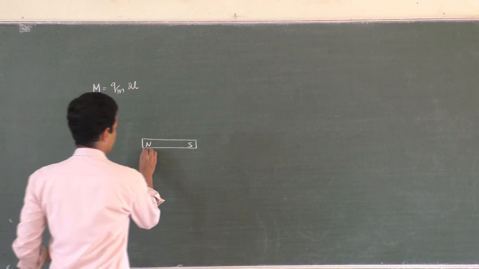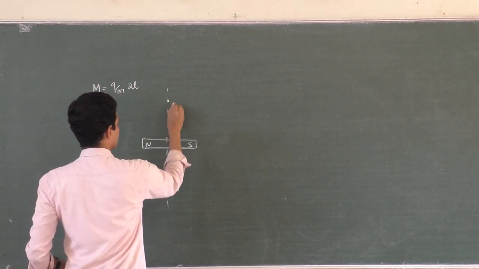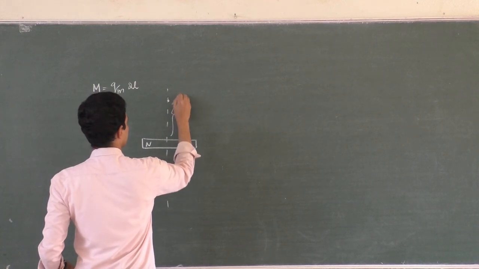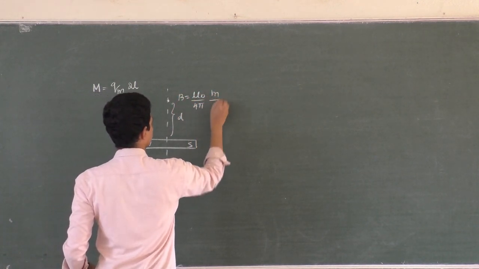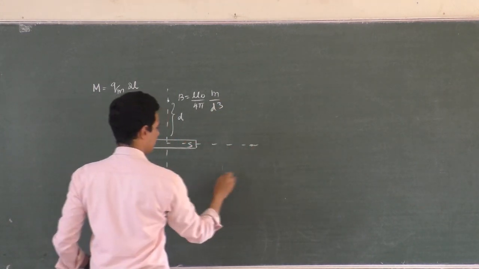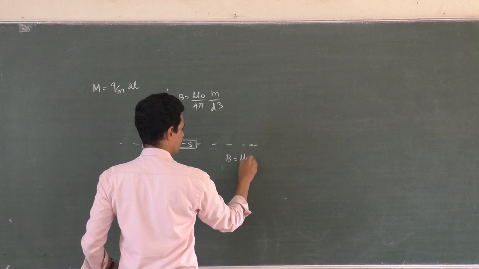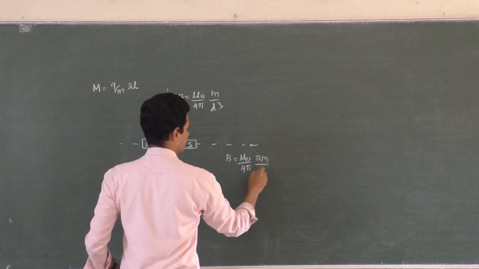If you take a dipole like this, then on the equatorial line, the magnetic field at a distance d is B = mu naught by 4 pi, m by d cube. And over the axial line at any point, the magnetic field B = mu naught by 4 pi, 2m by d cube. Here it is double.